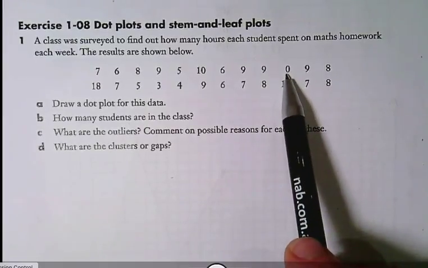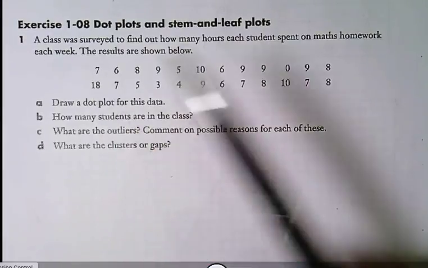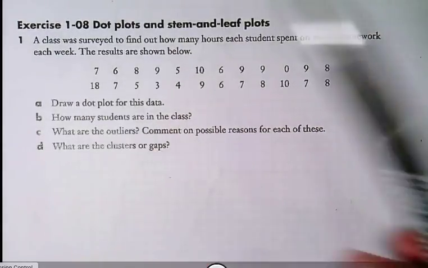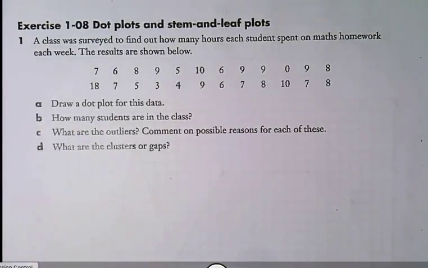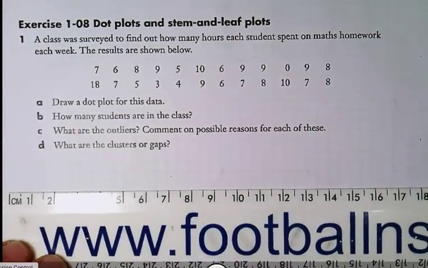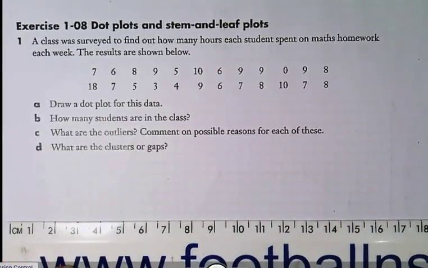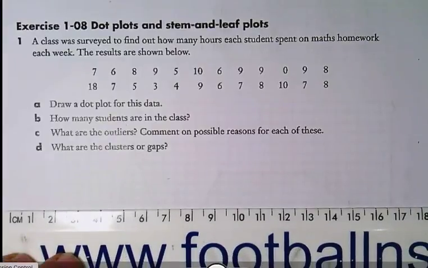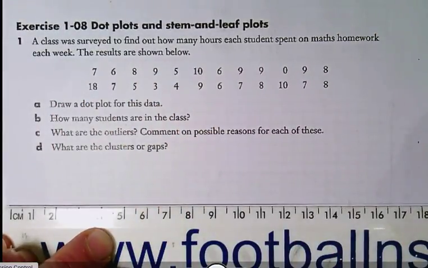So here's a child that did no homework, and here is a child that did 18, and this one looks like an outlier. So we're going to have to draw a dot plot that goes up to 18, and we're going to have 0 as a score as well.